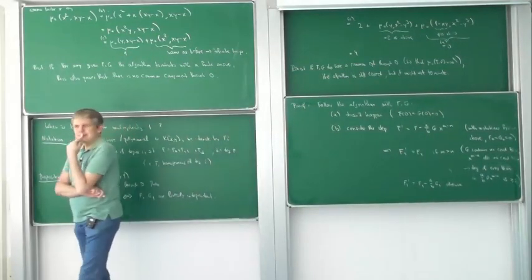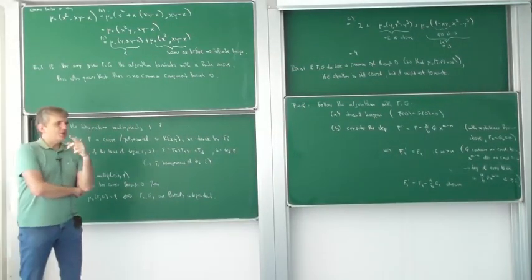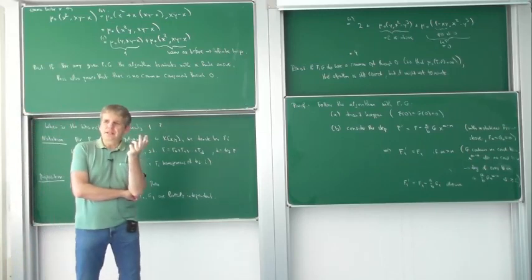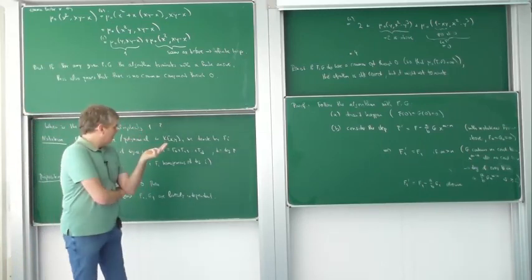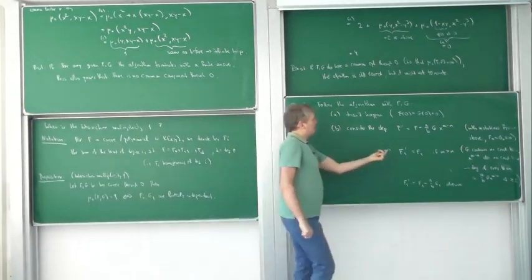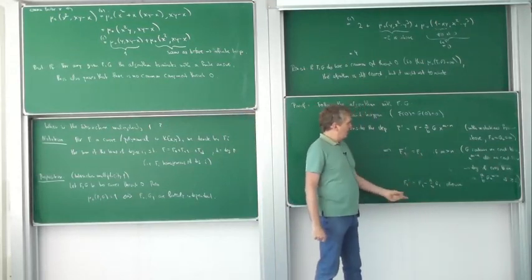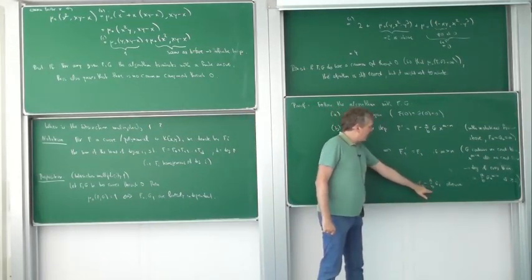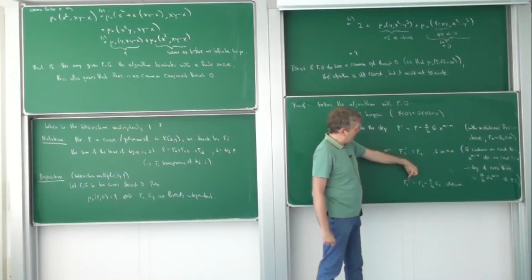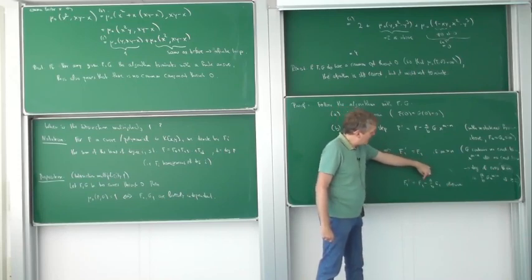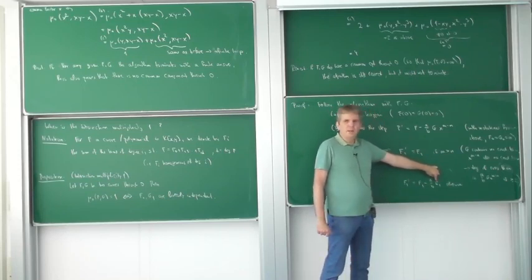In any case, this doesn't change the property whether f1 and g1 are linearly dependent or independent. Because here, of course, we don't change the linear part at all. And here we just make a standard transformation, like passing from f1, g1 to f1 minus this times g1, and g1.